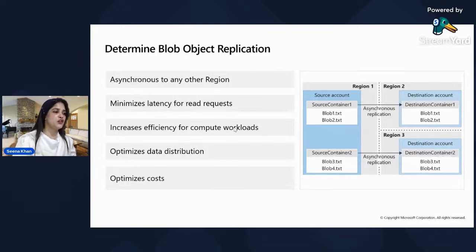Then consider optimizing data distribution: you can process or analyze data in a single location and then replicate only the results to other regions. Then optimize cost: manage your configuration and optimize your storage policies to achieve cost benefits. After your data is replicated, you can reduce cost by moving the data to the archive tier, again by using lifecycle management policies.